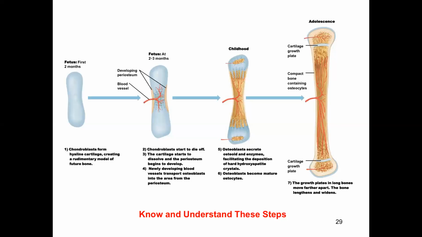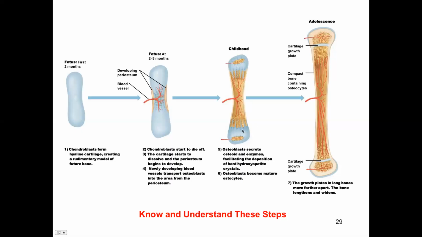Those osteoblasts, now point 5, are going to start to secrete osteoid and really start to form ossification centers in the bone proper, in this long bone, right? So it happens first in the shaft, or the diaphysis. We call this the primary ossification center. And then it's going to start happening in the epiphysis. And remember, you're going to have your growth plate here.